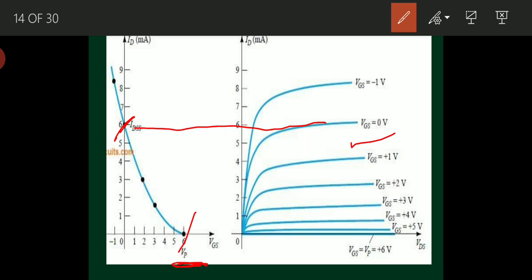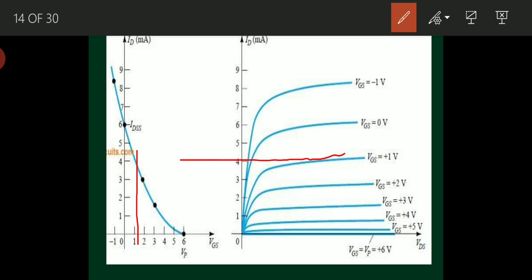Another simple trick is there. For VGS equal to 1 volt, draw a straight line vertically and a straight line horizontally. The point where both lines intersect is the locus point. Likewise for VGS equal to 2 volts, draw the vertical and horizontal lines.